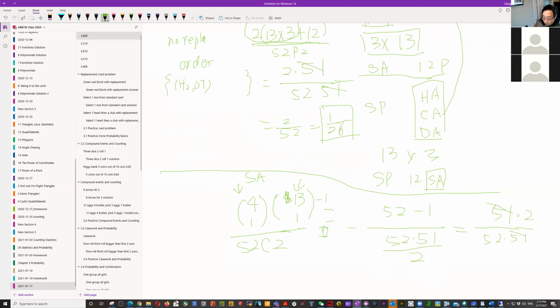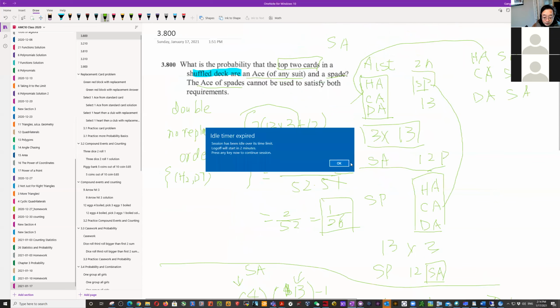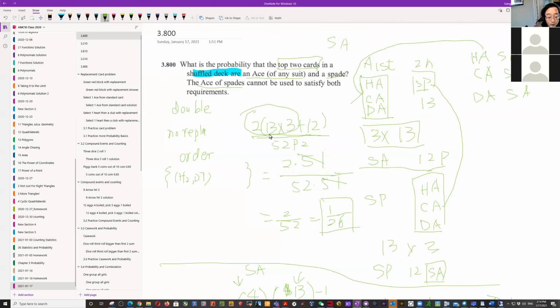So it's going to be 1 over 26. So this way is unordered because it's not necessarily that the heart is in front. And here I'm trying to order things in the front and the back. So basically, that's the way that you can do it.